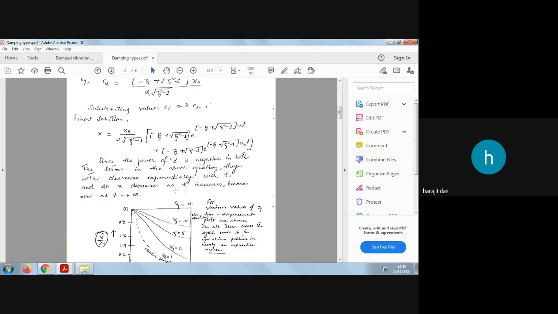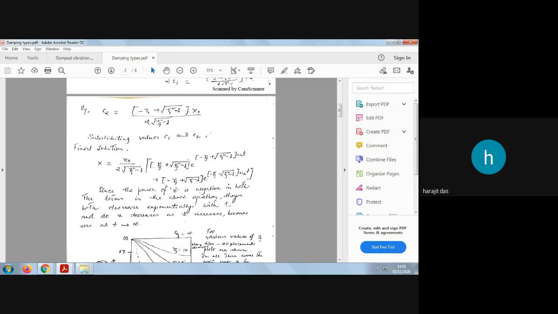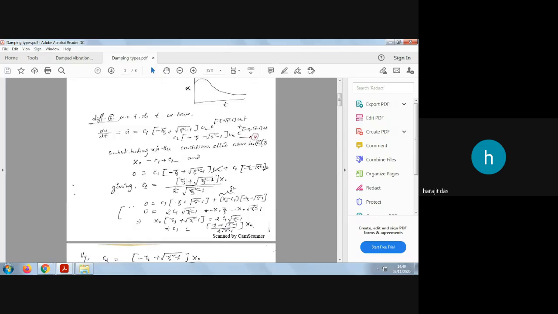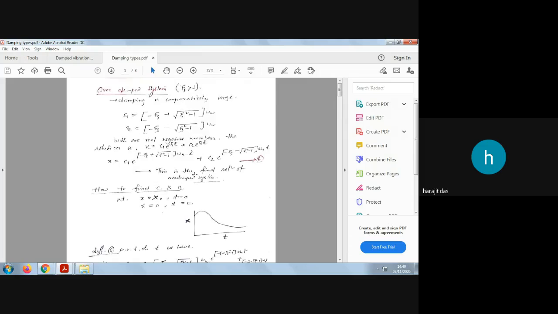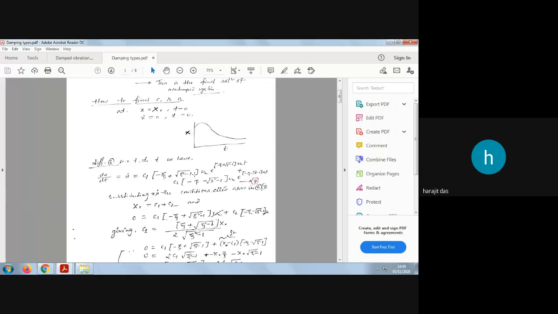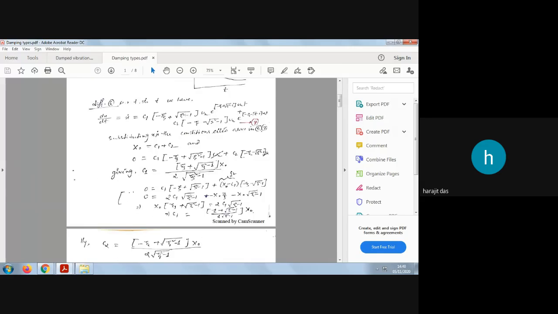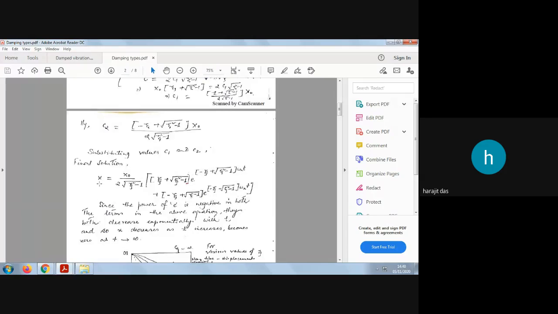So you just practice it in your copy. Note down all these things and do it by yourself. First you just take a look at how these expressions are written, and finally you apply the initial conditions, and you will get the values of C1 and C2. Now you put those C1 and C2 values in the equation of the general solution, and you will get this expression.